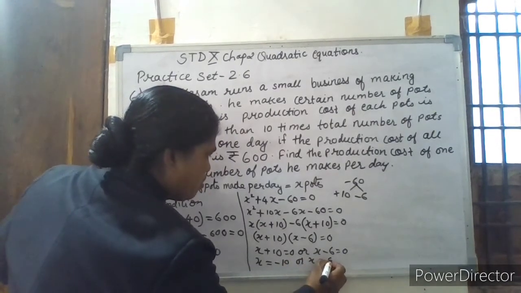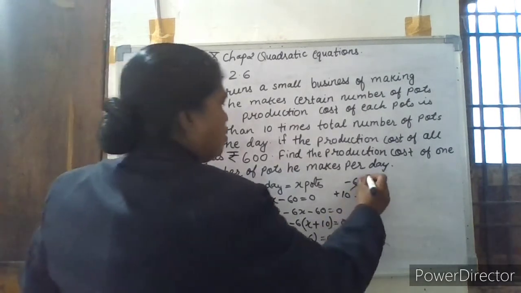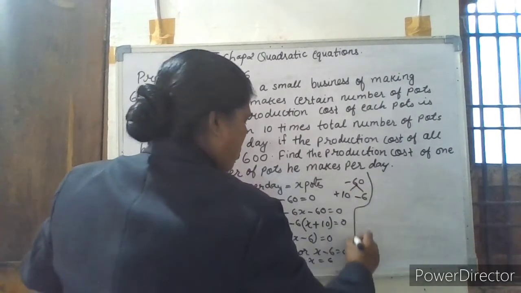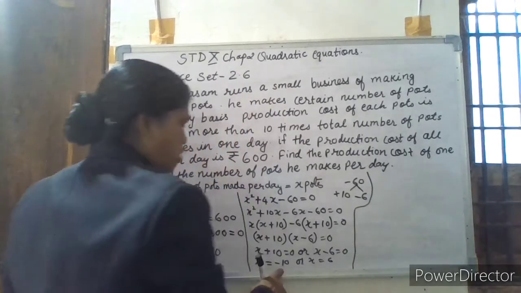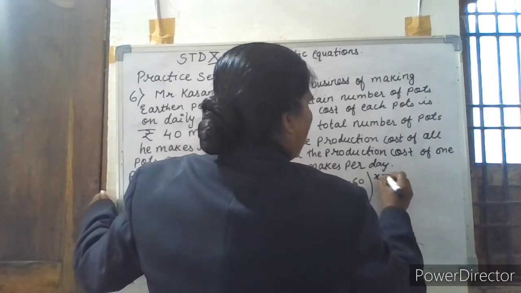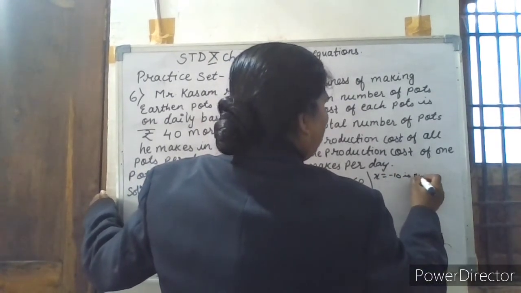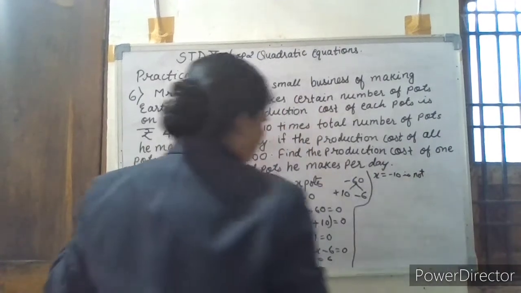Sorry, x equal to minus 10 is not acceptable, because number of pots cannot be minus 10.